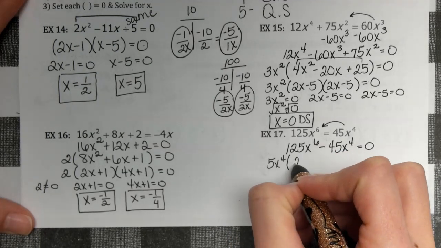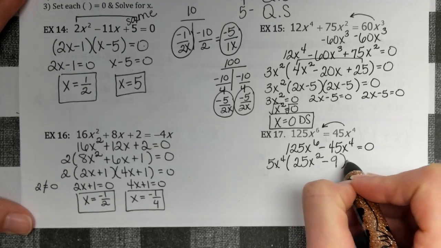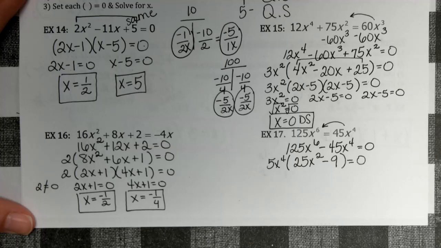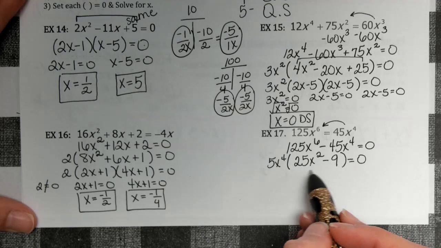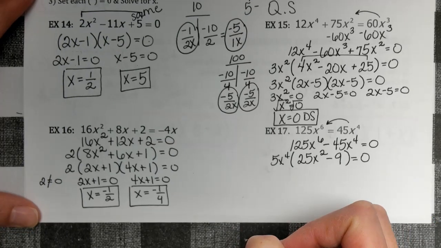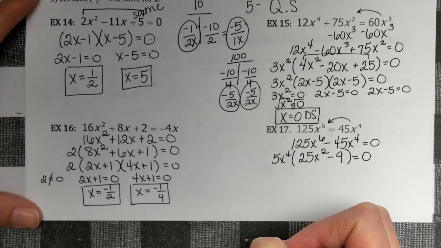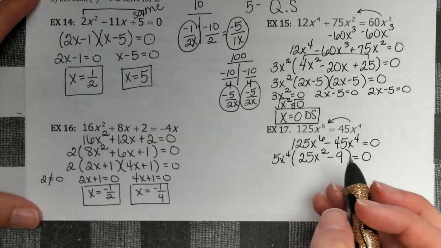And that leaves me with 25x squared minus 9 equals 0. What can I do with 25x squared minus 9? It's two terms, so what's that called? It's the difference of two squares.